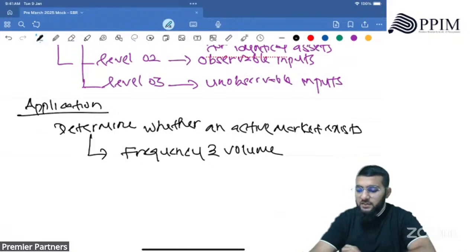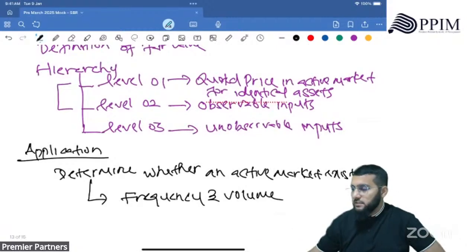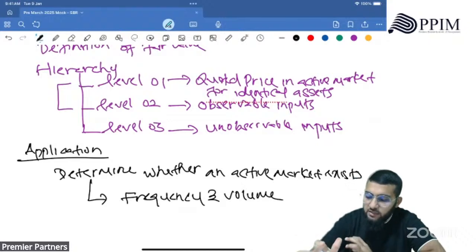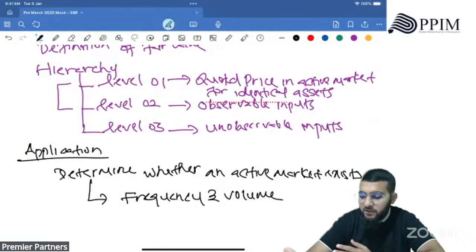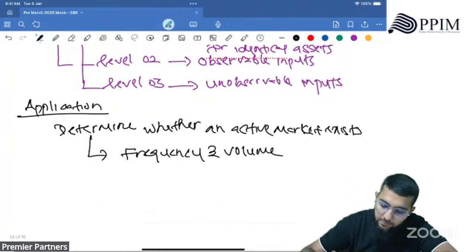So here there are several markets that they've provided, Market A, B, C, D, E. Okay. So when each market is active, but there are different rates and different frequencies provided, in this case you have to identify or determine the principal market.